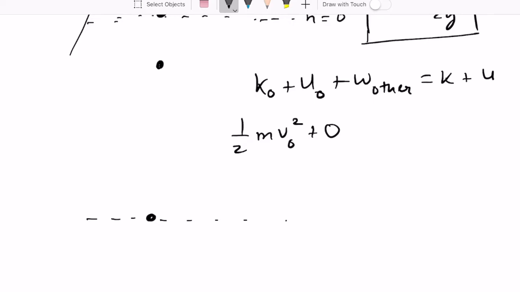Now, recall from our earlier lecture the definition of work. The work done by a constant force is equal to the force multiplied by the distance multiplied by cosine of the angle between the force and the displacement. Remember that this formula applies when the force is constant and the object is moving in a straight line.